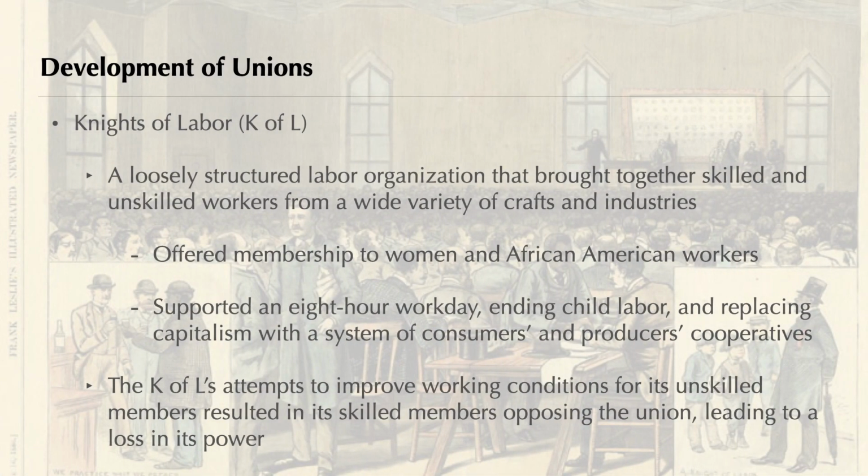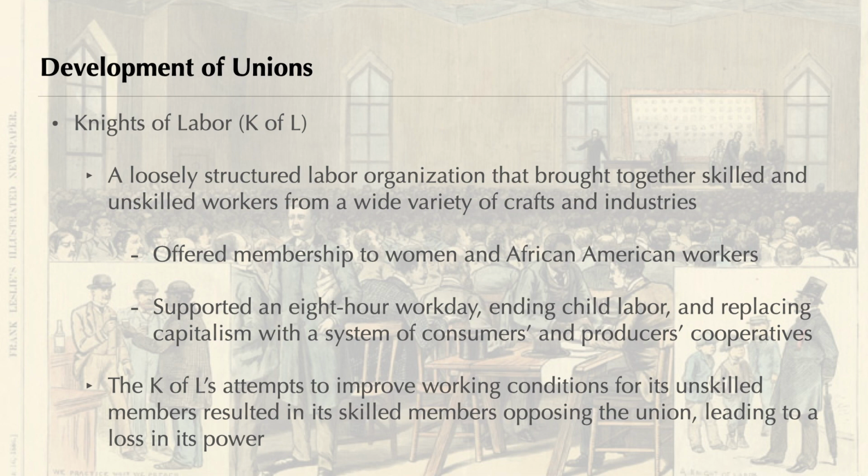The most successful of the early unions was the Knights of Labor, an industrial union that was open to workers from nearly all trades. A loosely structured organization, the Knights brought together skilled and unskilled workers from a wide variety of crafts and industries. Additionally, the union offered membership to women and African Americans.